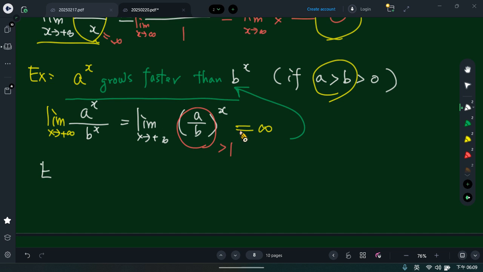Then okay, so this is a general exponential function, right? So how about general logarithmic functions, log base a of x and log base b of x? Actually, the result is very interesting. It goes at the same rate.